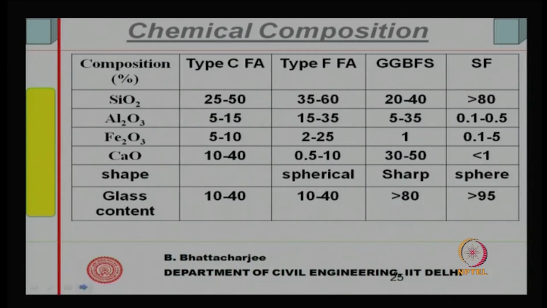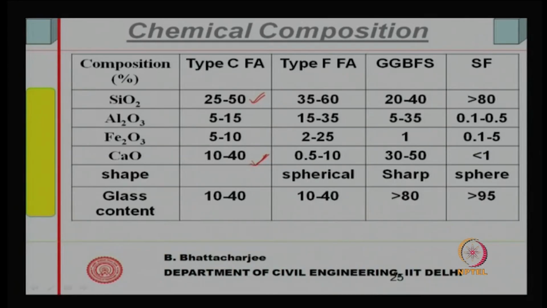Let us look at the chemical composition of all these pozzolans. Type C fly ash, you will have silica 25 to 50%, but you will have calcium oxide 10 to 40%, that is by definition. Type F fly ash, of course, you will have 35 to 60, but this will be less.